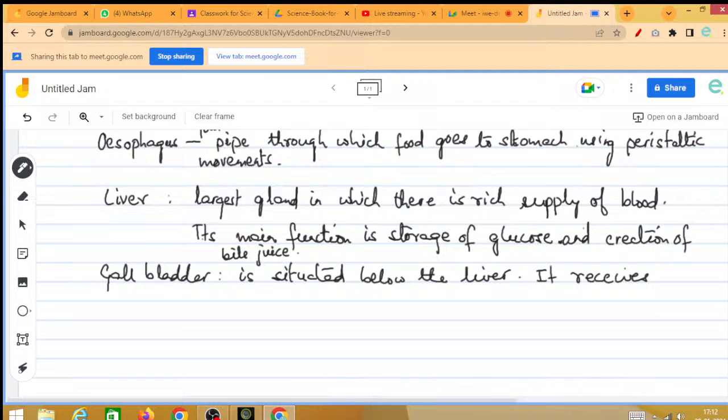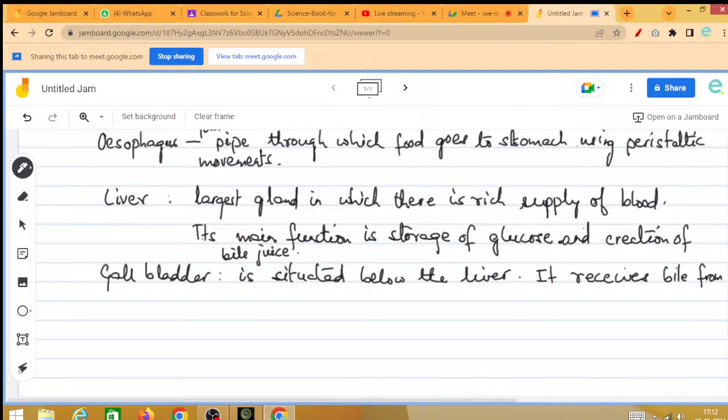It is situated below the liver. It receives bile from the liver only, and sends it to the small intestine.